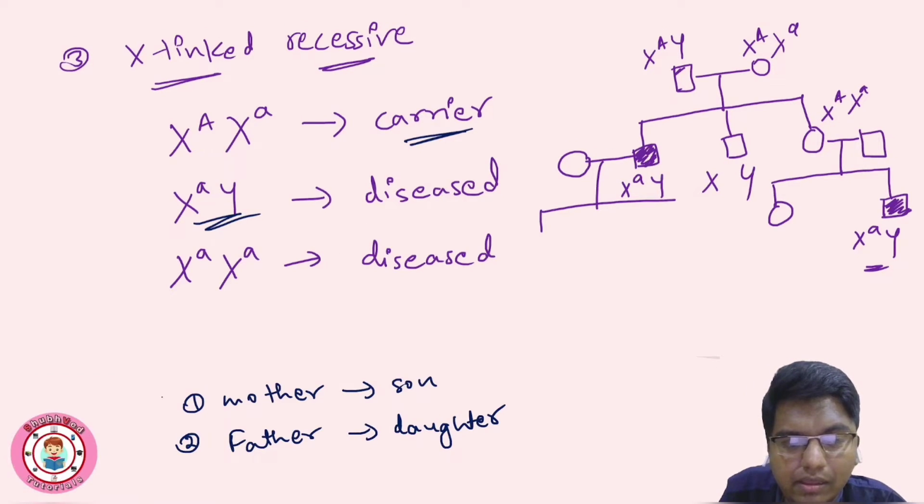Okay, so now this is the diseased one. We are seeing what will happen if this is disease affected and this is normal. XA, XA, right?